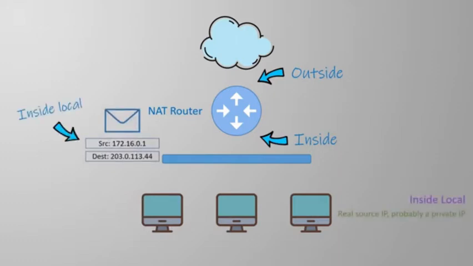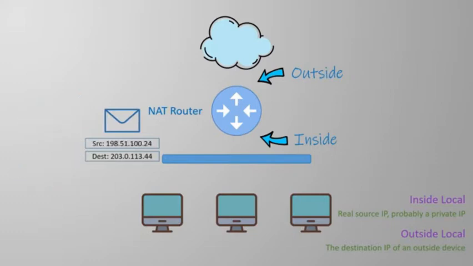This IP address is called the inside local address. This is the real IP of the host inside your network, and it is probably a private IP. The outside IP is the destination address. This is the IP of a device outside of our network. Technically, this may not be the destination's real host IP, as NAT may change it, but this is what our hosts think is the real IP.